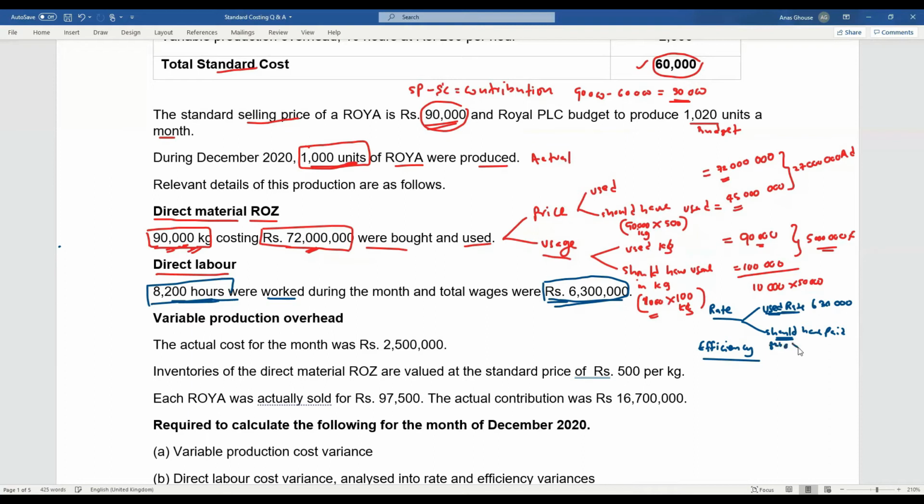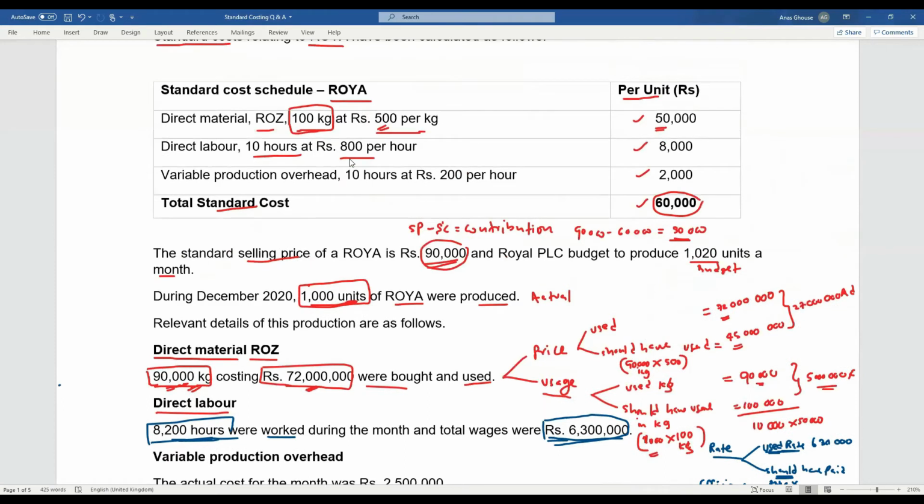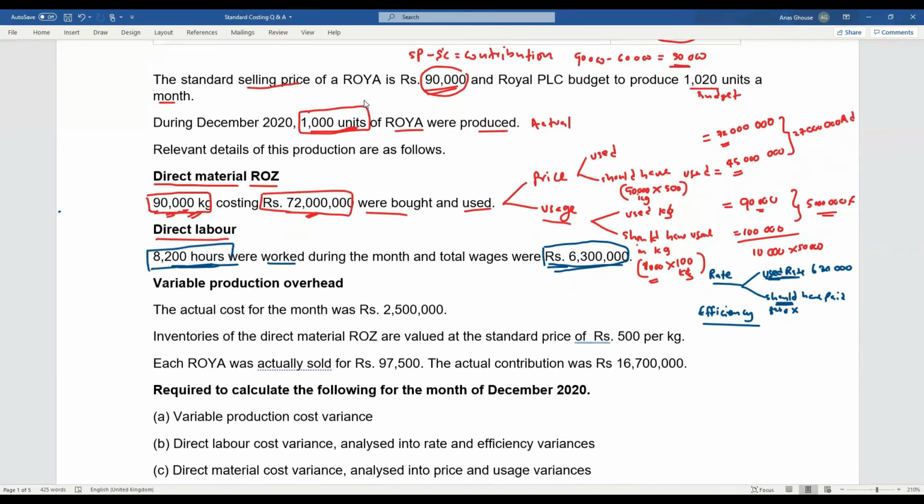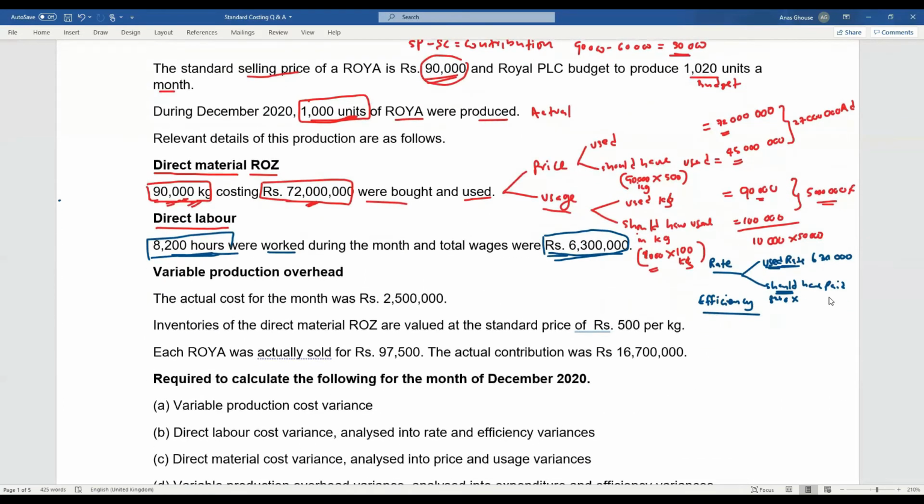Our plan was to pay 800 per hour. So 8,200 times 800 will be 6,560,000.